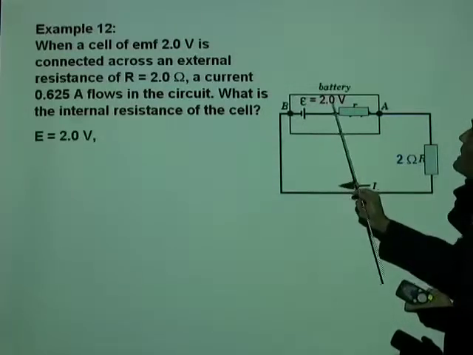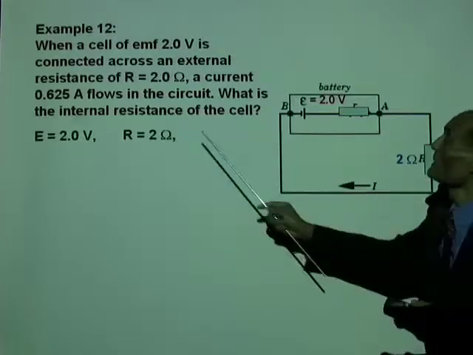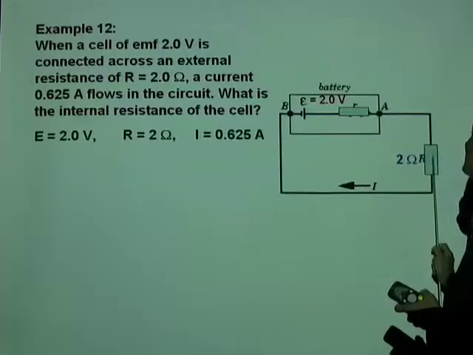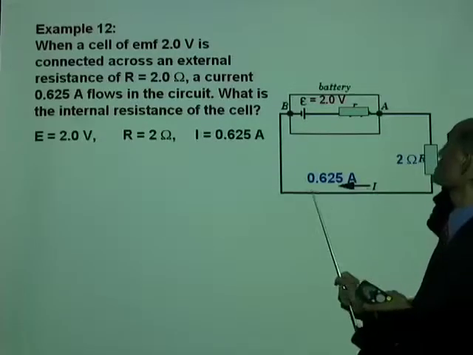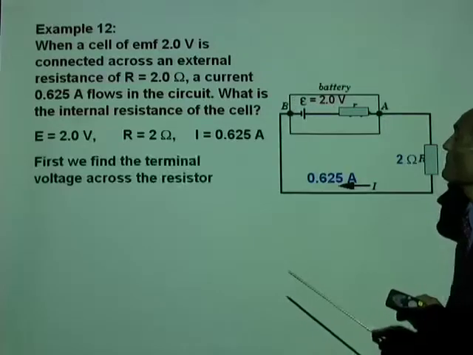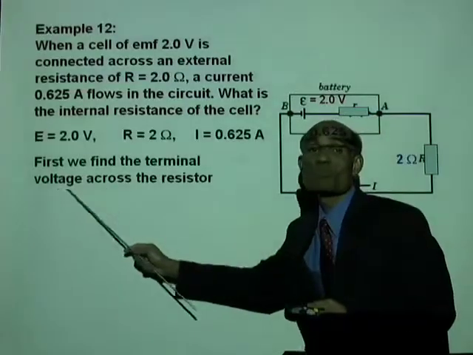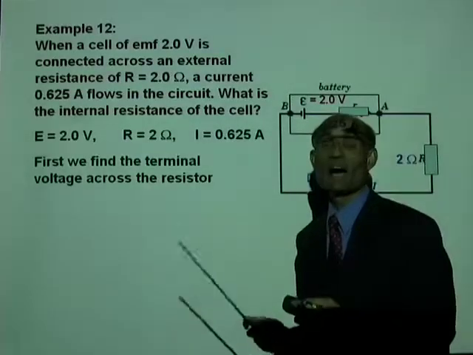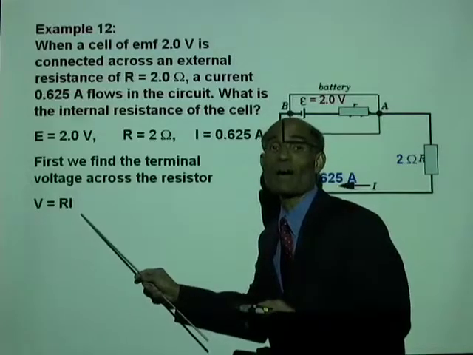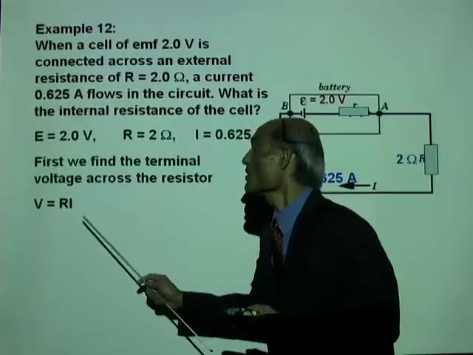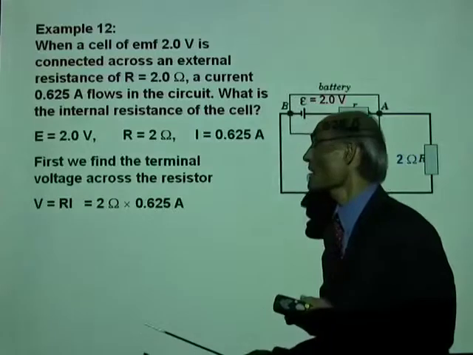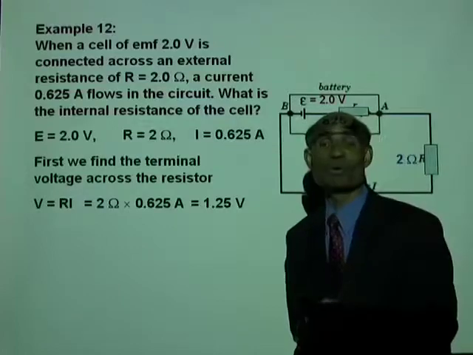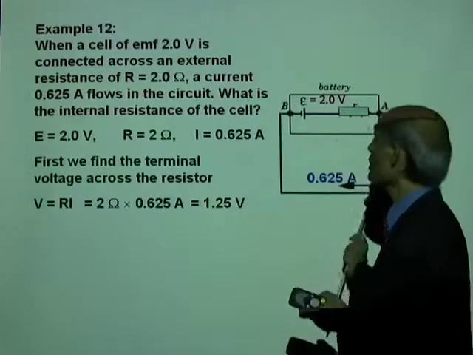The EMF E equal to 2 volt, the external resistance is 2 ohm, and the current in the external resistance is 0.625 ampere. We first find the terminal voltage, that means the potential difference across the 2 ohm, as V equal to IR. We know R, we know I. That will be 2 ohm times 0.625, that is 1.25 volt. That is the terminal voltage across the resistor.